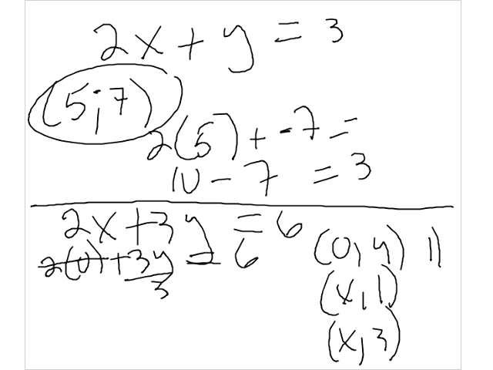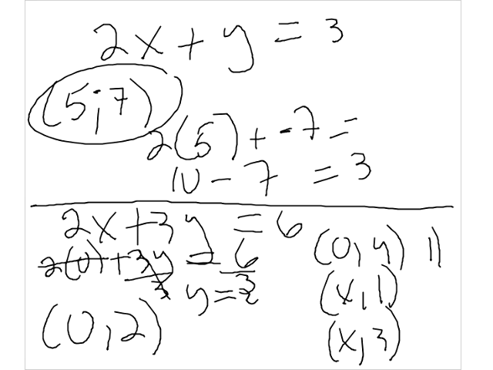Well, then when I divide by 3, I get y equals 2. So we would have the point 0, 2. That is definitely on the equation. I'll finish this off on the next screen.